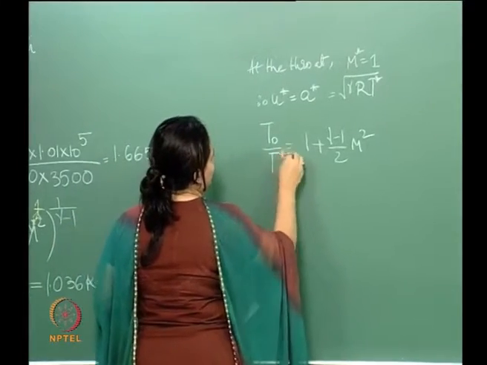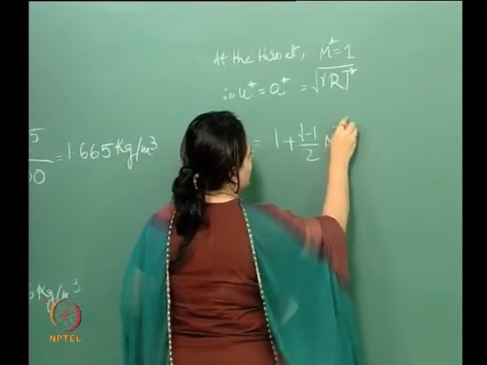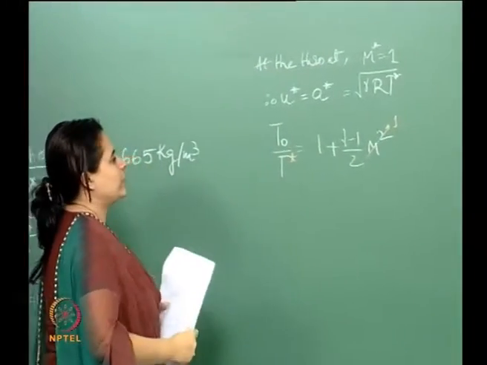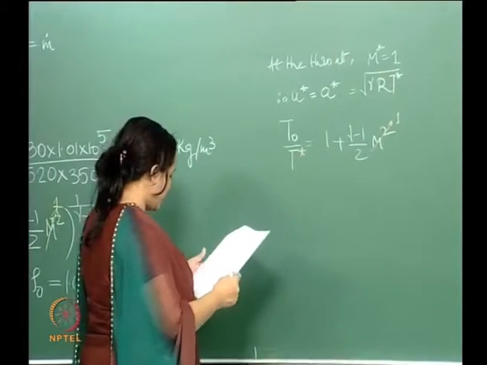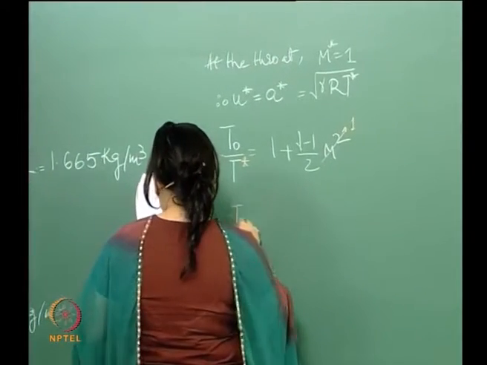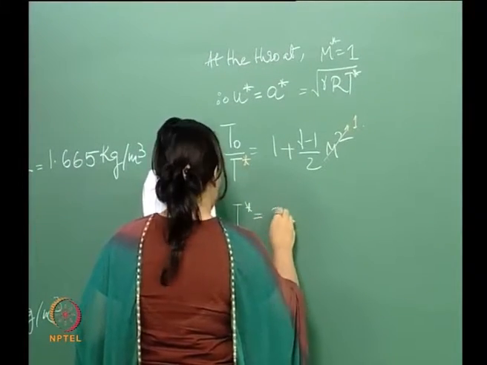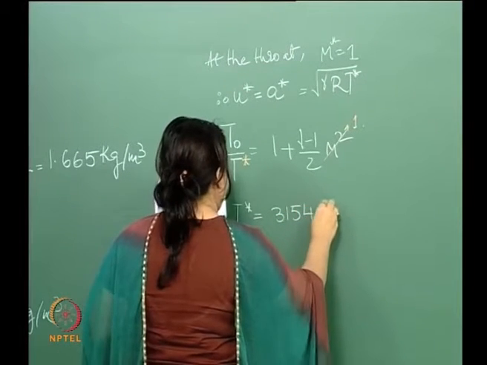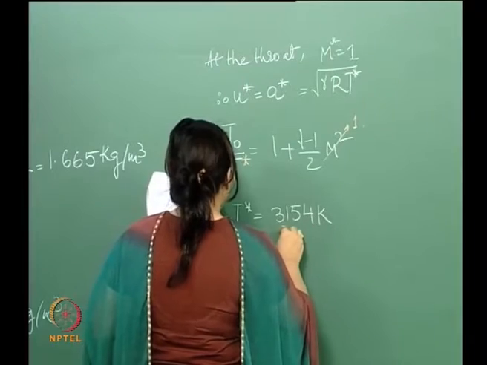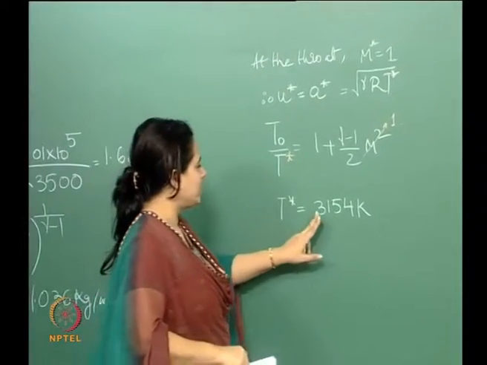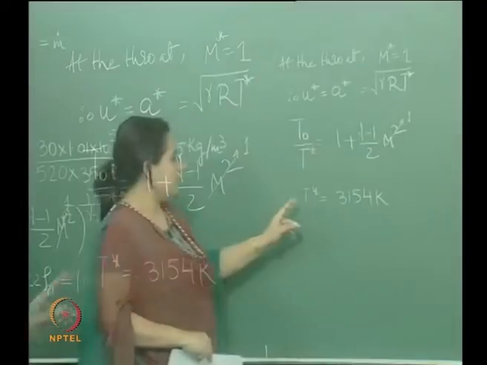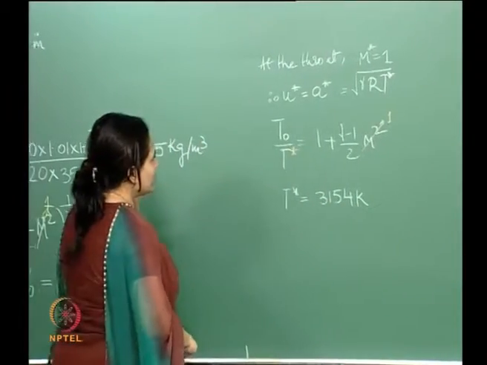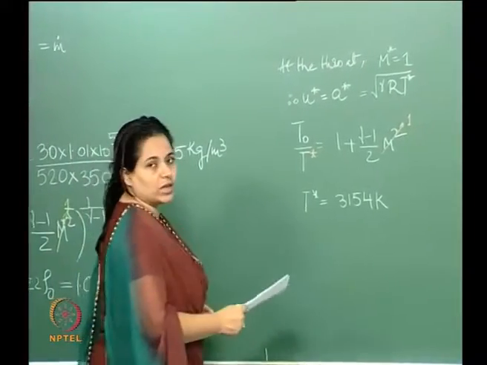In this case, if I put this as T star, then this goes to 1. So, the temperature at the throat comes out to be 3154 Kelvin, and if you remember, the combustion chamber is 3500 Kelvin. This is around 3160. Having got the temperature, we can now get u star, isn't it?